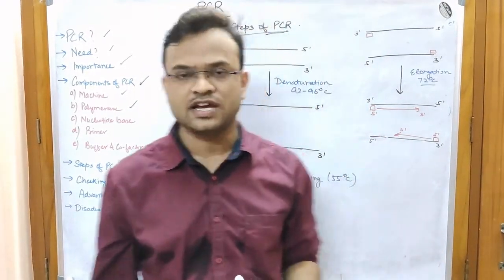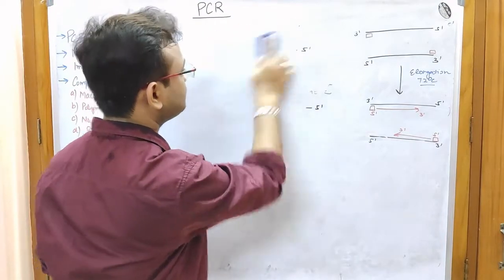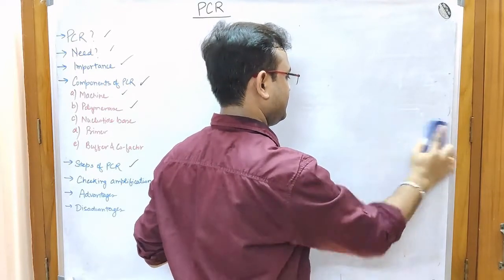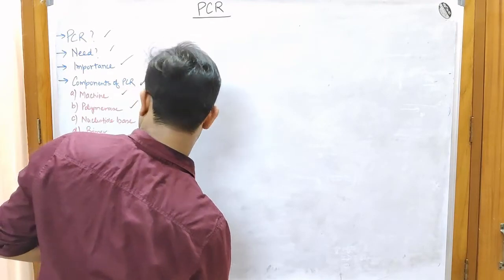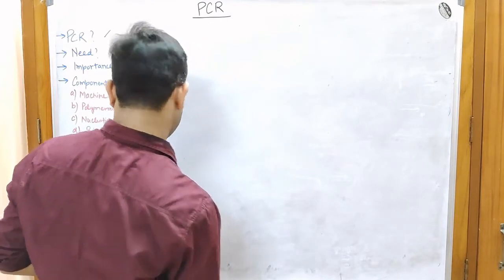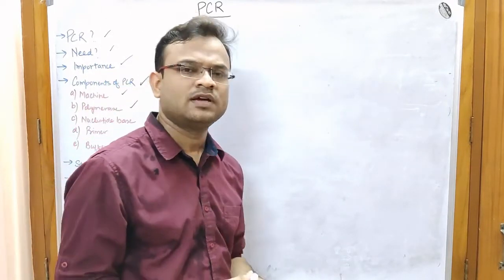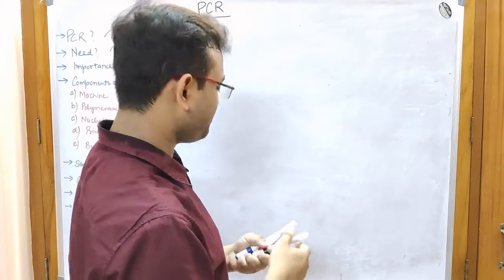Now let us check the amplification. Before checking the amplification, one more thing that I would like to show you, that how can we say that amplification is taking place.